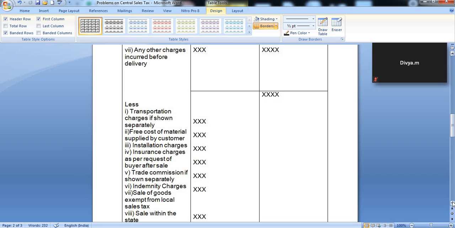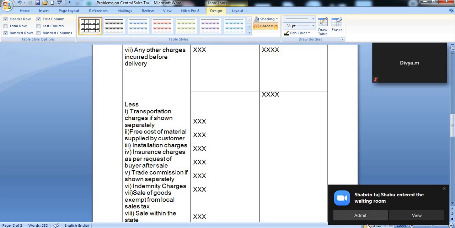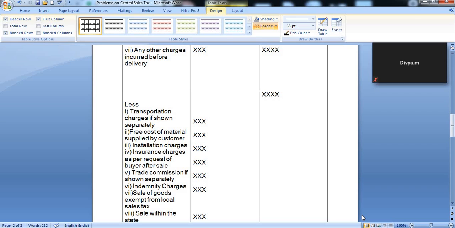Trade commission if shown separately. So here trade commission in the sense, not the buyer commission, it is the seller commission. Okay, it's the sales commission.